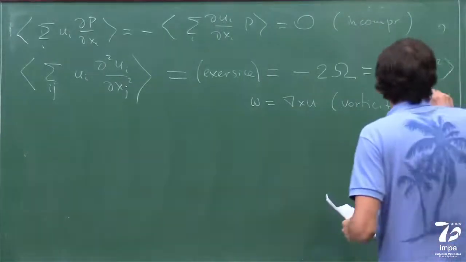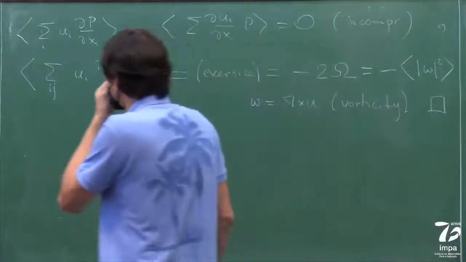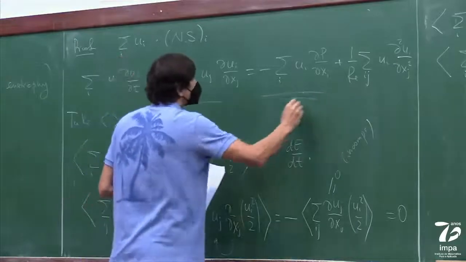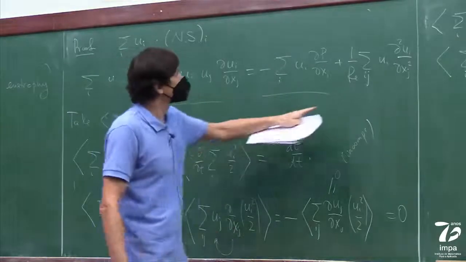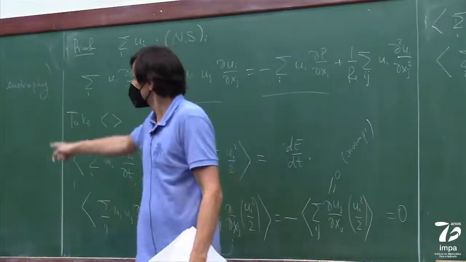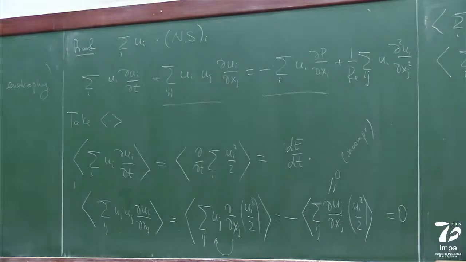So this will end the proof, because the two terms are 0. This is the derivative of energy, and this is the derivative of minus 2 over Reynolds of the derivative of entropy. Okay.